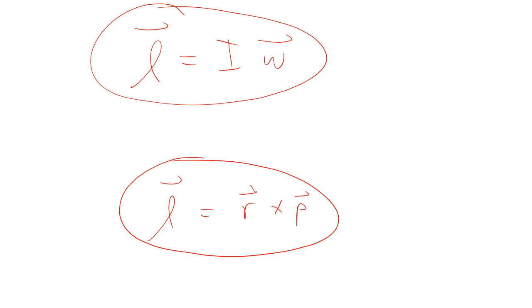The thing about angular momentum that's really interesting is the way you get it: torque equals the derivative here. For every force, there's an equal and opposite force. And we know that impulse is basically the change in momentum.